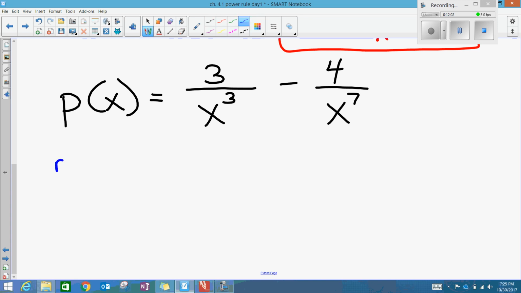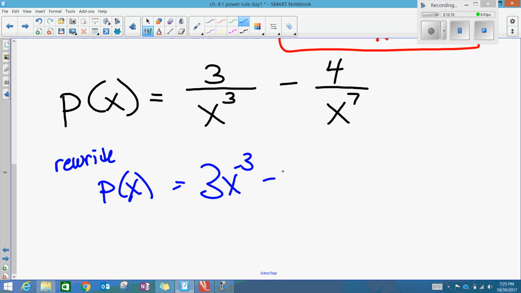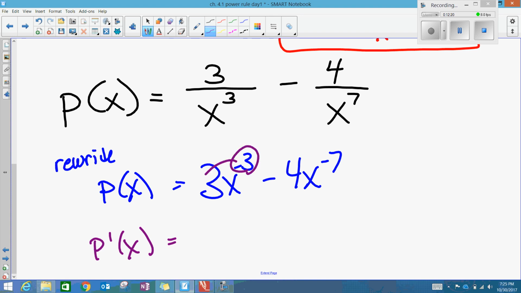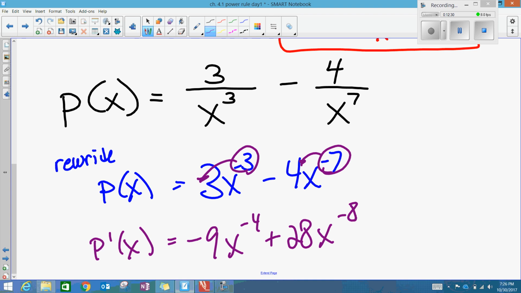So first, we're going to rewrite p of x as 3x to the negative 3 minus 4x to the negative 7. Now I'm going to take the derivative, which again is going to be, take that out, negative 9x to the negative 4, multiply that, positive 28x to the negative 8.